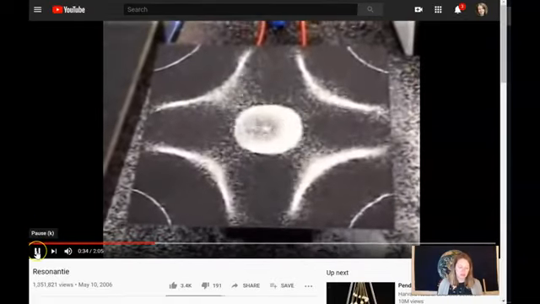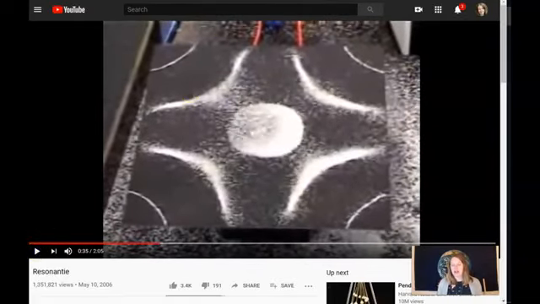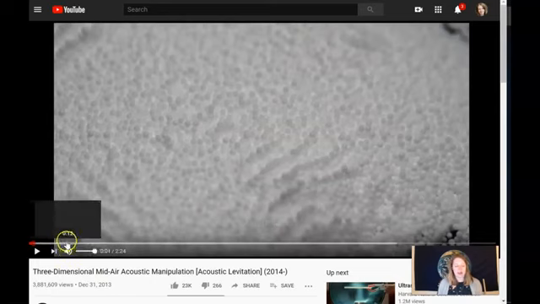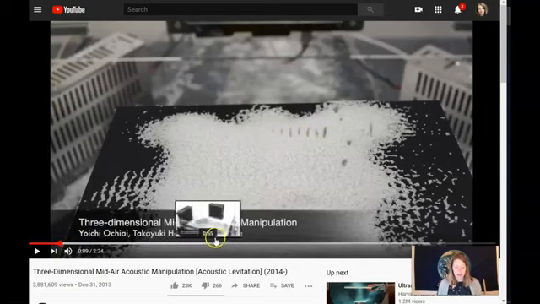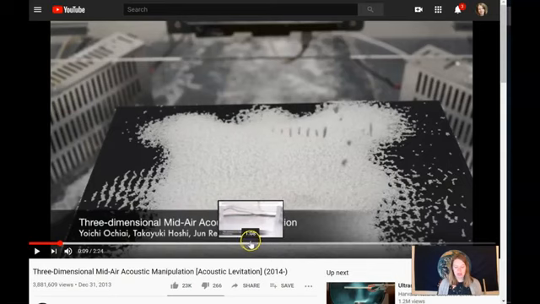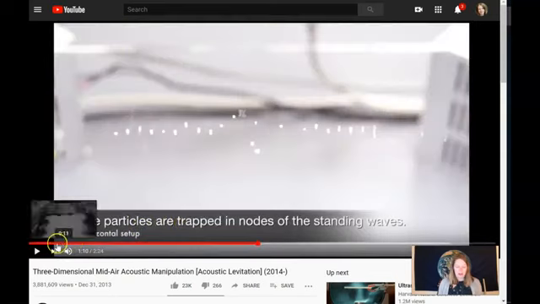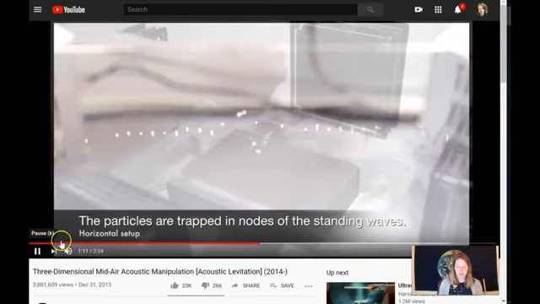And then this has consequences with sound, which actually will allow you, if you align speakers in interesting arrangements, to manipulate objects and make them float midair with sound waves.